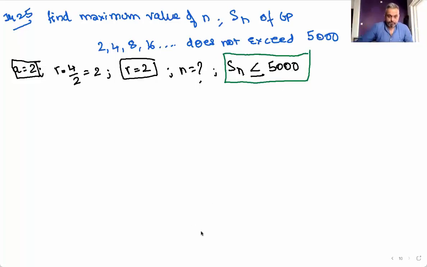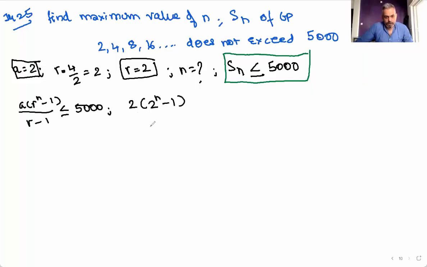Now, over here, for Sn we write the formula: A into R raised to n minus 1 upon R minus 1 should be less than or equal to 5,000. So A is 2, into R is 2 raised to n minus 1 upon 2 minus 1, less than or equal to 5,000.